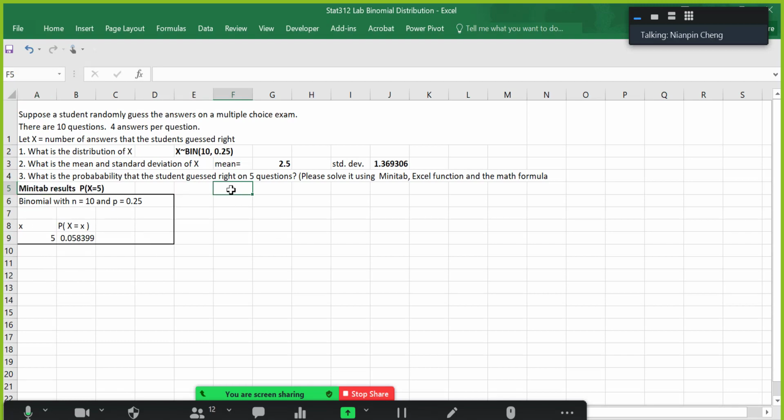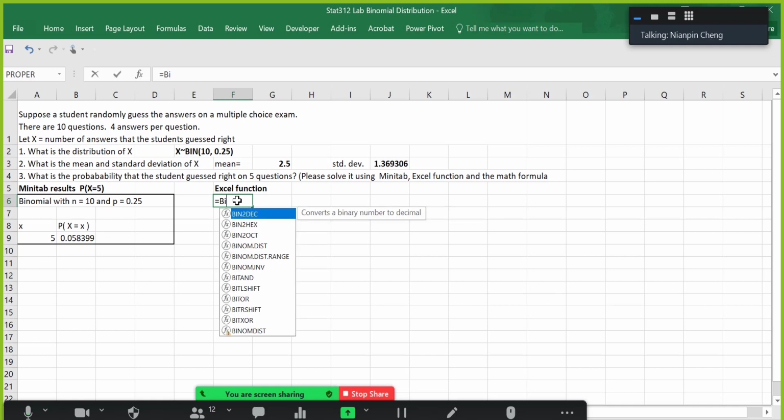Another one you can use is the Excel function. We use BINOM.DIST, the binomial distribution.